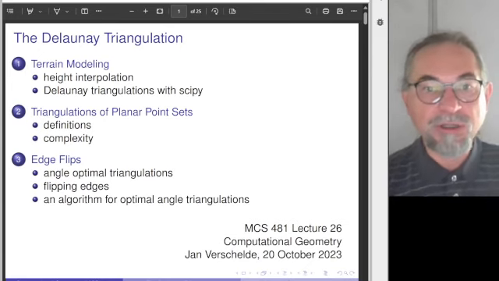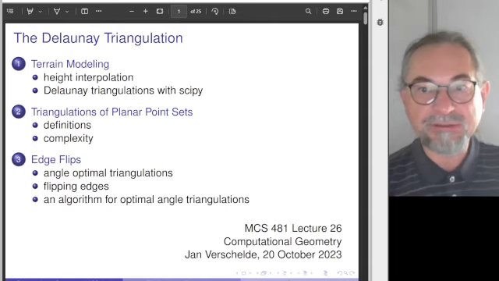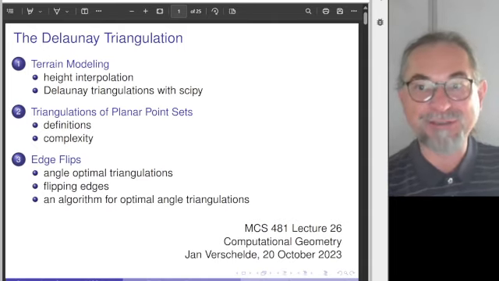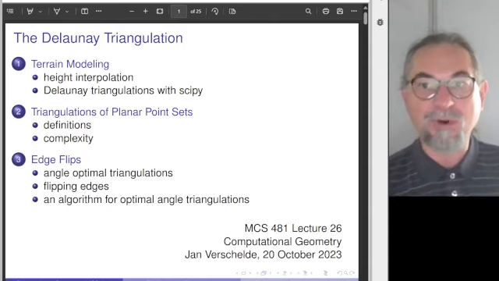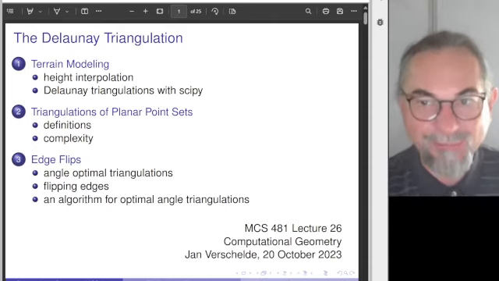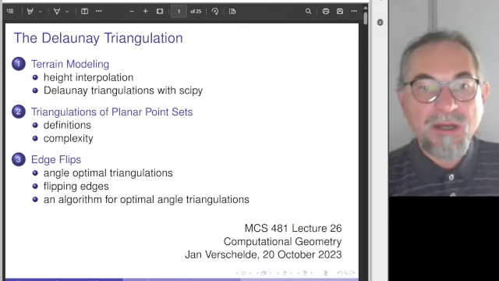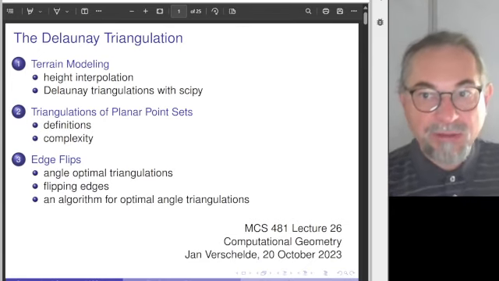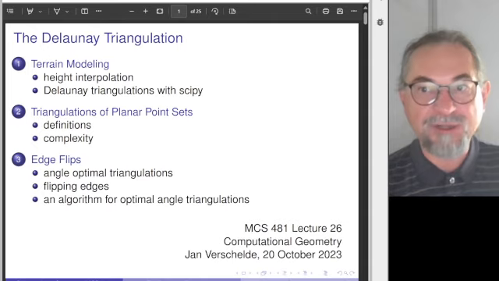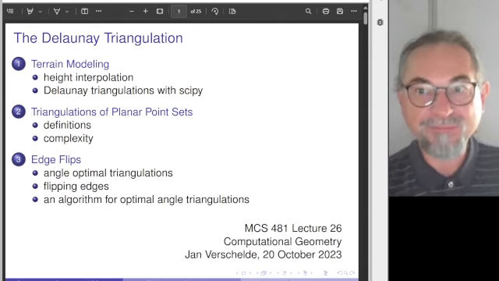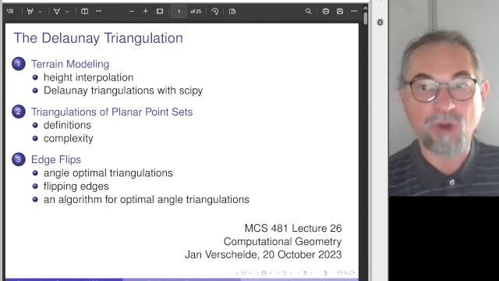We will define triangulations of planar point sets. So we have encountered triangulations already, but we will see that there is still something that we haven't defined yet. The main result of this lecture is to arrive at a definition of the Delaunay triangulation as a result of an optimization problem.